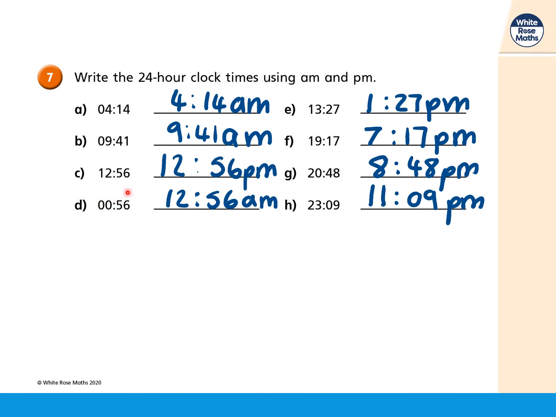So it is 56 minutes past noon. Therefore, it is 56 minutes into the afternoon. 00:56, we know that 00 is the same as saying midnight. So here we are 56 minutes past midnight. Midnight is the start of the 24-hour clock. So it is 12:56 a.m.